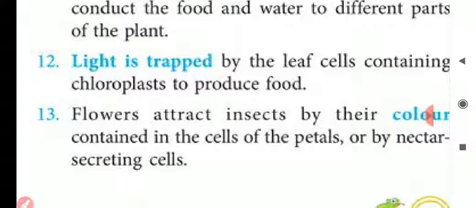From here we understand only one thing, that every activity is a cellular activity. Every activity taking place in a living being is a cellular activity. Clear all of you? You have to understand only one thing. Every activity in a living organism is done with the help of cells.